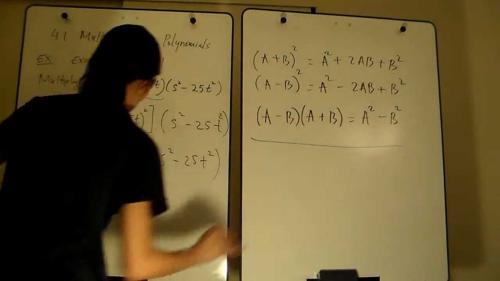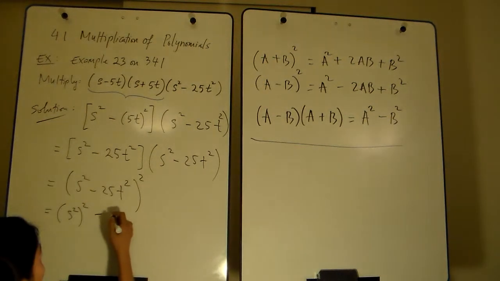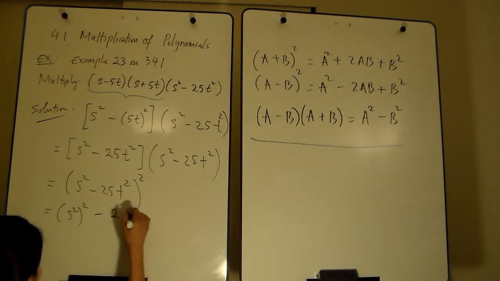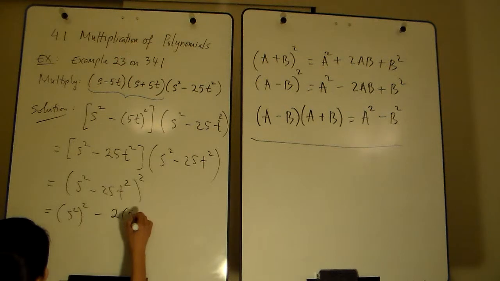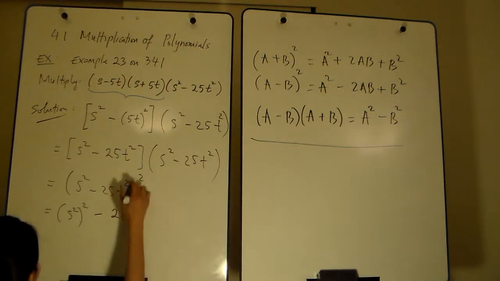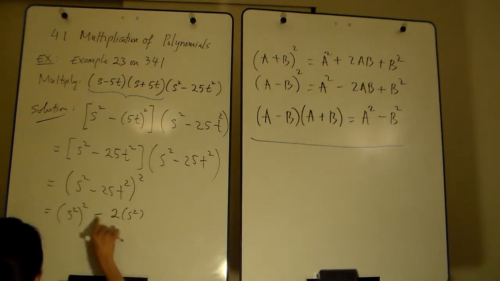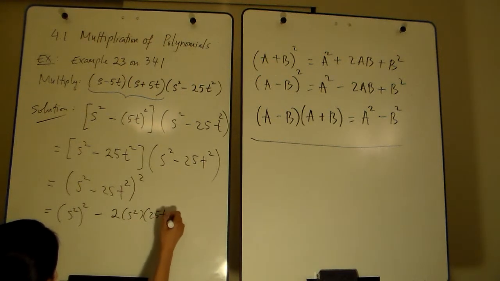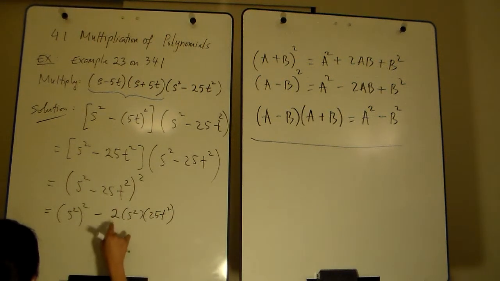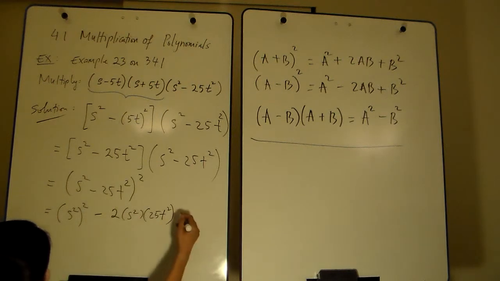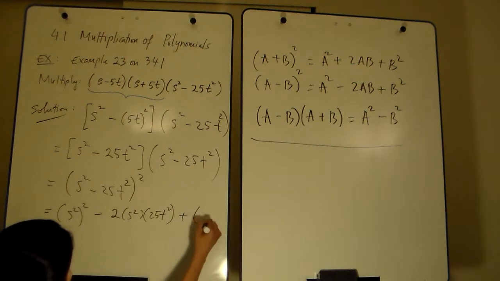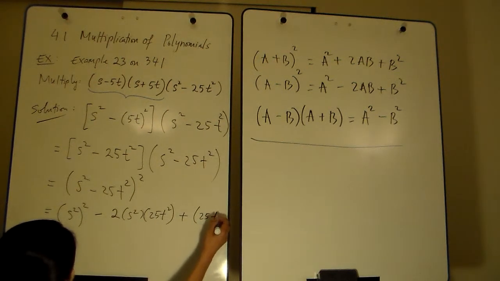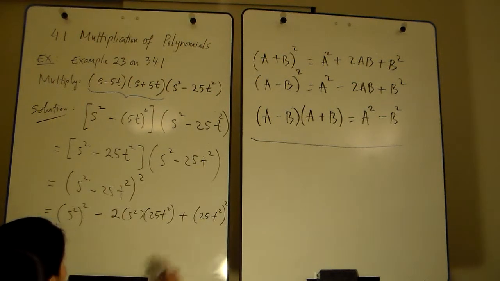And then minus twice ab, where a is s squared, and b is 25t squared. Plus b squared, which is 25t squared, squared.